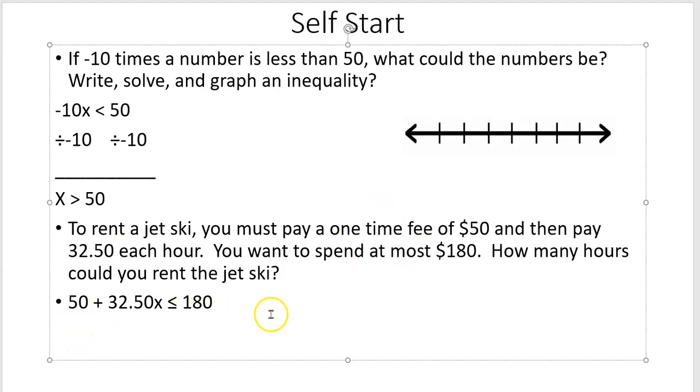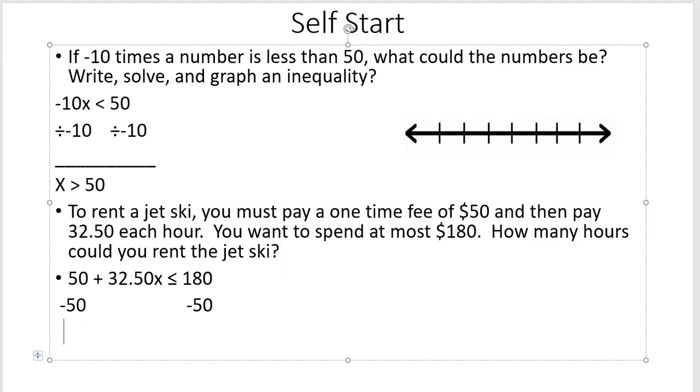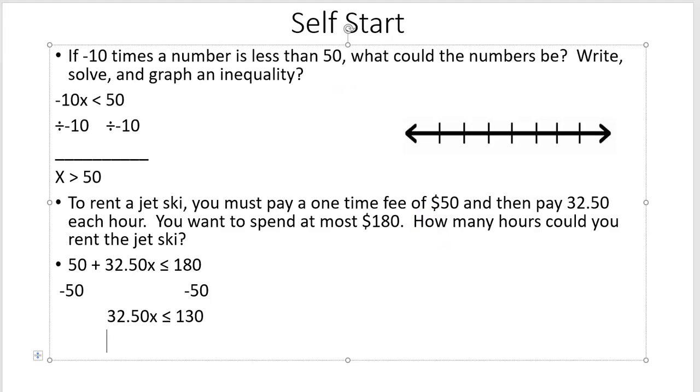So then to solve it, we minus the 50 from both sides. Which gives us the 50 gone, and then we have that. And 180 minus 50 is 130. And then we divide both sides by 32.50.